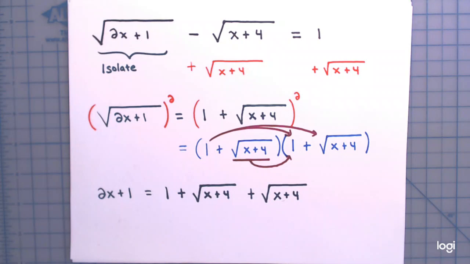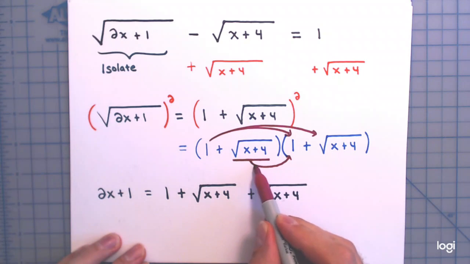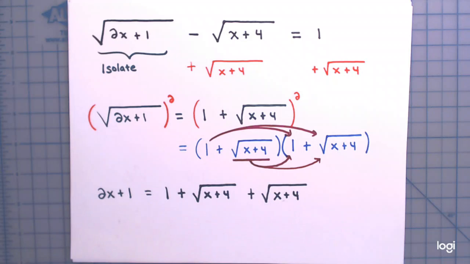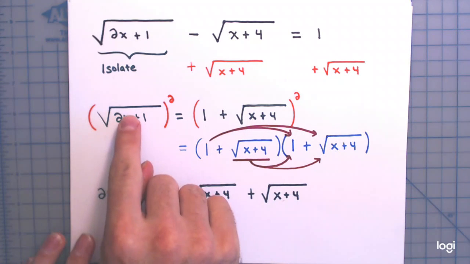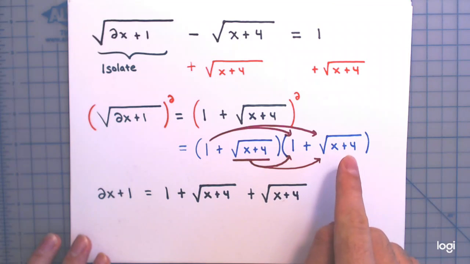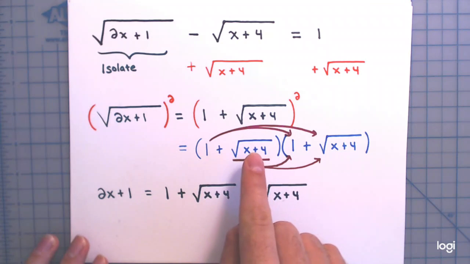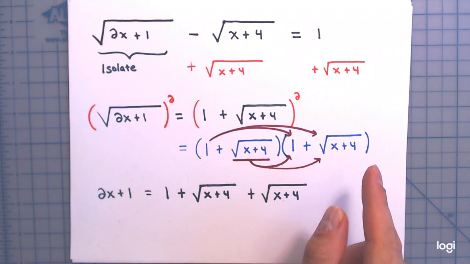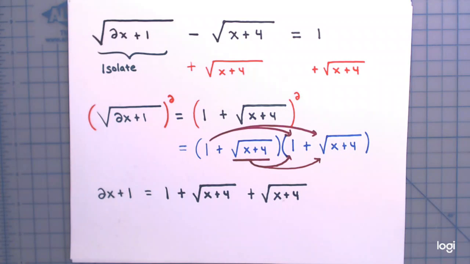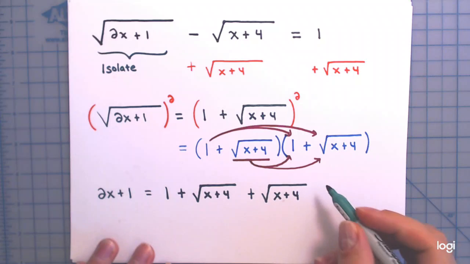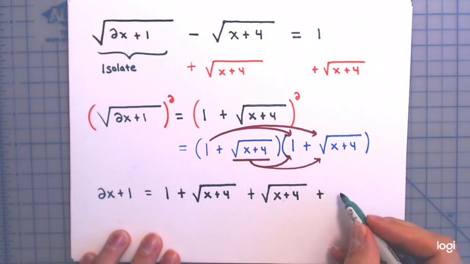And then finally, I'm going to take this square root of x plus 4 and multiply it by the square root of x plus 4 again. So this is the case where the square root gets undone. When you take a square root and multiply it by itself, that's the square root squared, which is exactly what's happening here. So the square root would be undone, and I'd be left with just positive x plus 4.